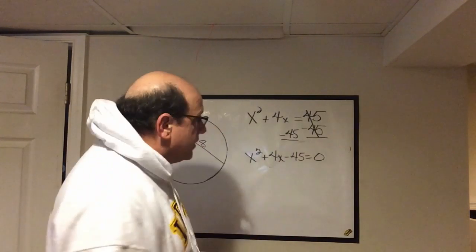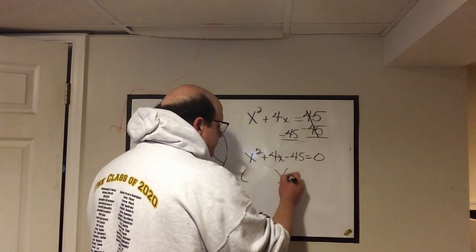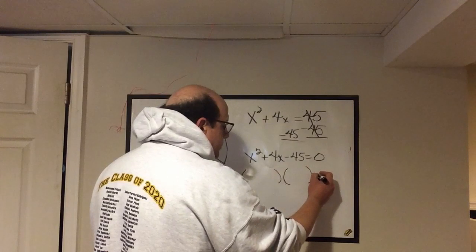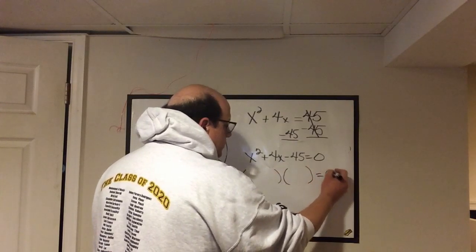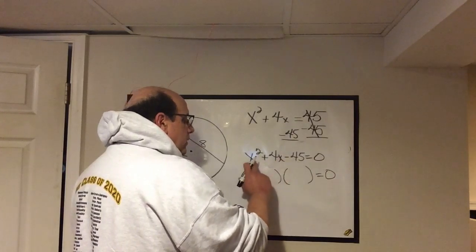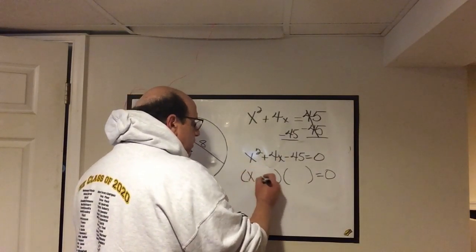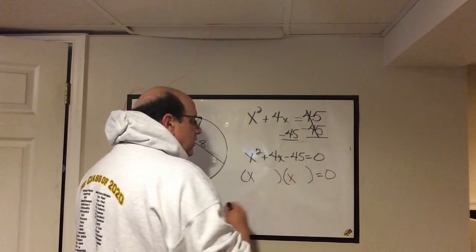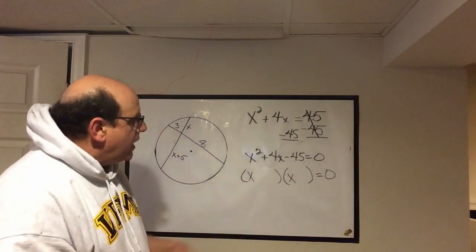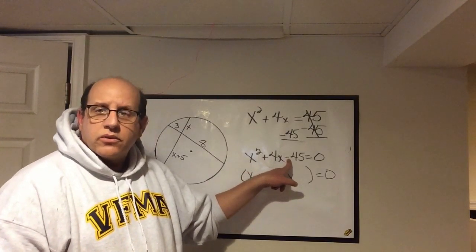Now we can factor this, and we know we're going to set up our parentheses again. And then we're going to look at the lead term first, and we know that x times x gives you x squared. Now we're going to look at this symbol here, and this symbol here is subtraction.